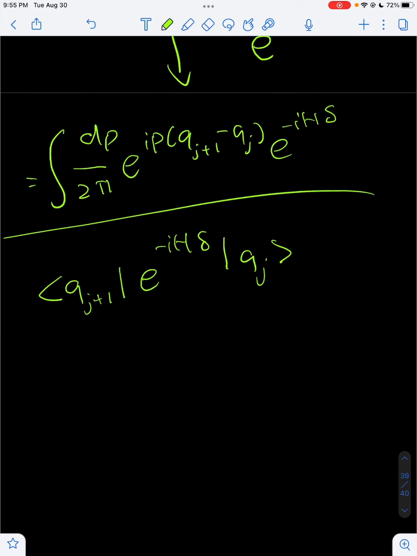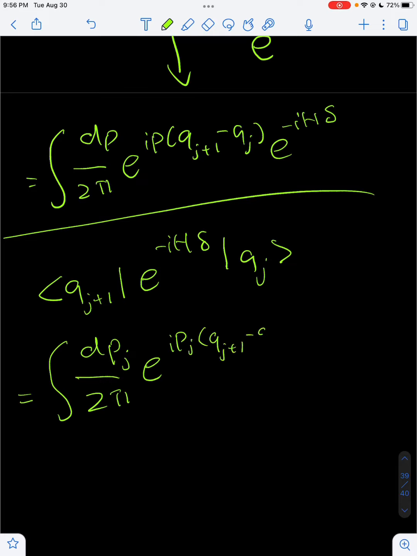And we just found out that it's equal to the integral. Now we can add the pj at the end, right? So dpj over 2 pi times e to the i pj times (qj plus 1 minus qj).